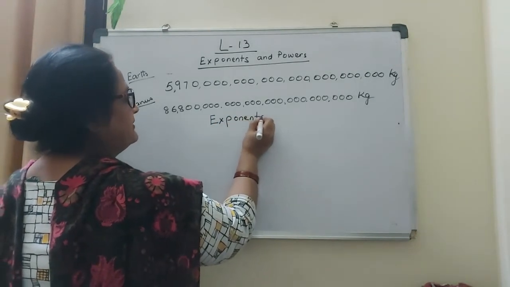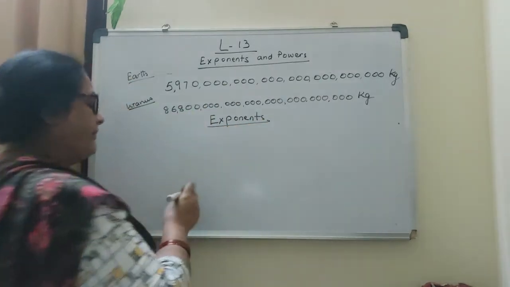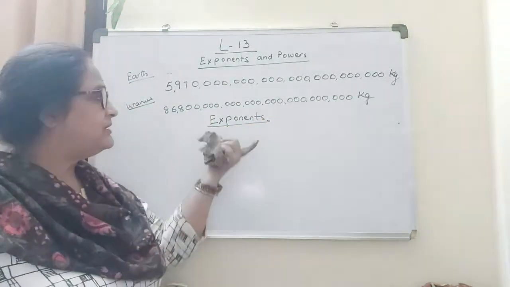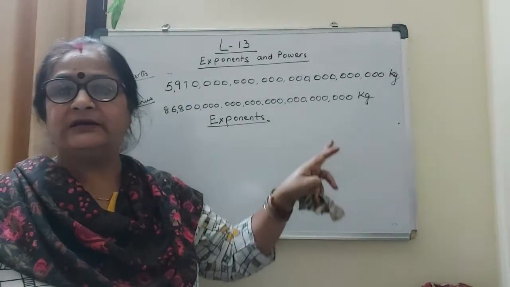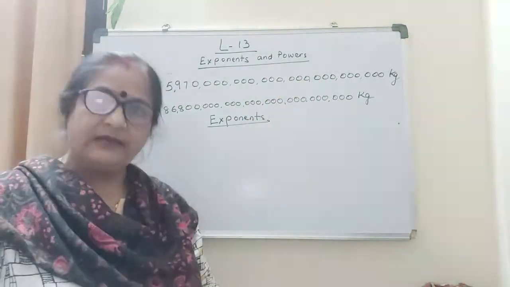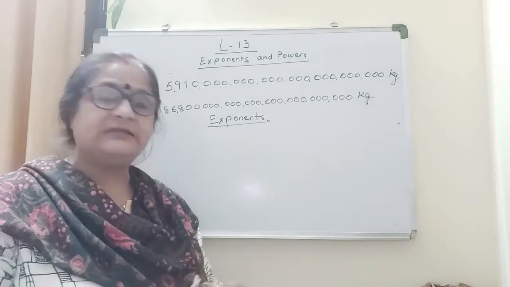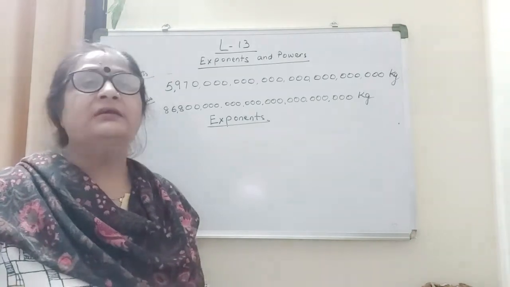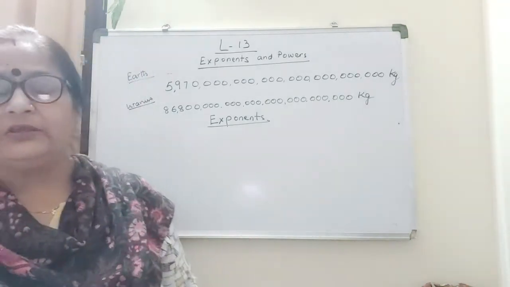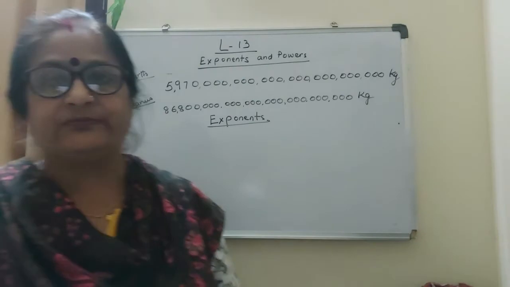I'll be coming to that. Exponents are used to make these very large numbers easy to read, easy to compare, easy to understand. So, we use the form of exponents.